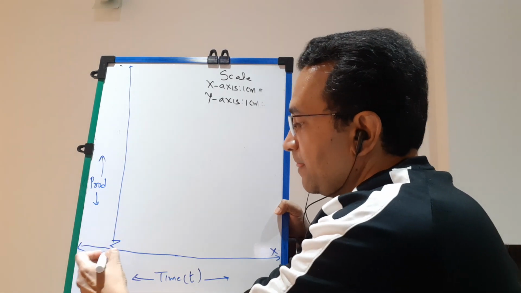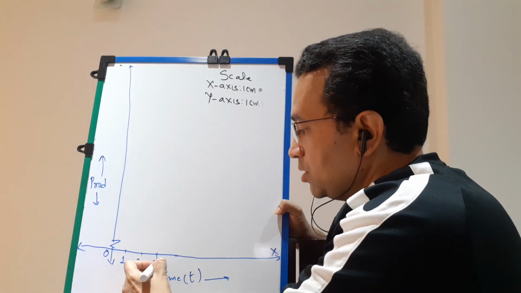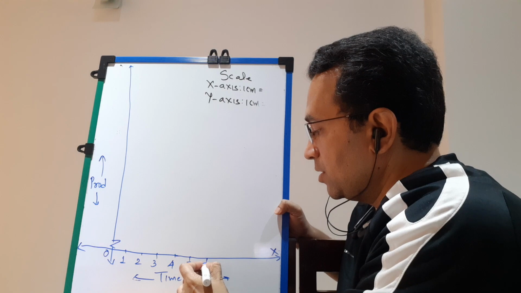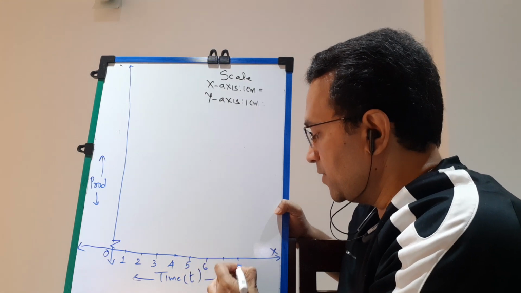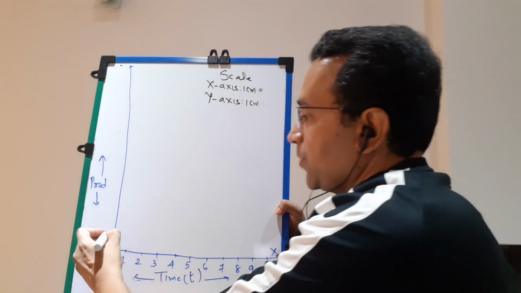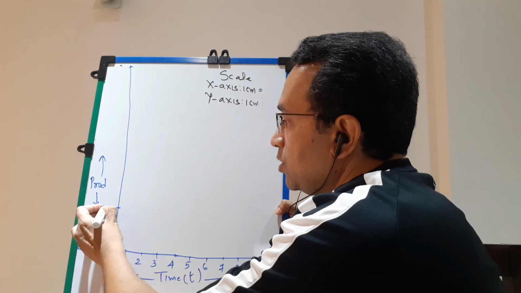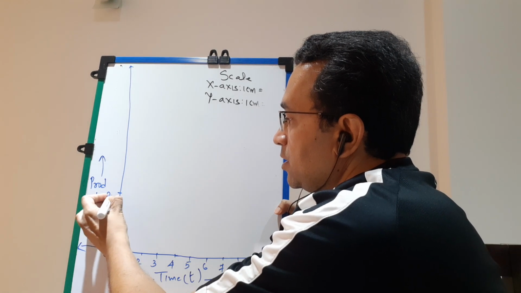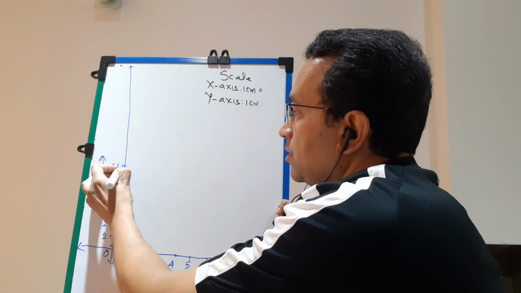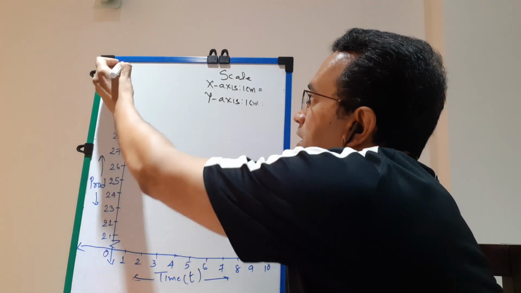Broken graph. Here 10 equal values, 1, 2, 3, 4, 5, 6, 7, 8, 9 and 10. And here 21, 22, 23, 24, 25, 26, 27 and 28.